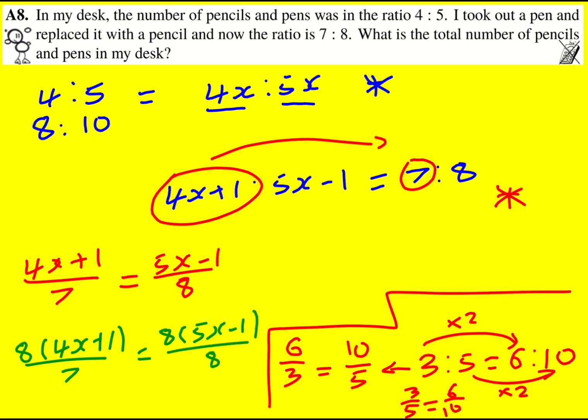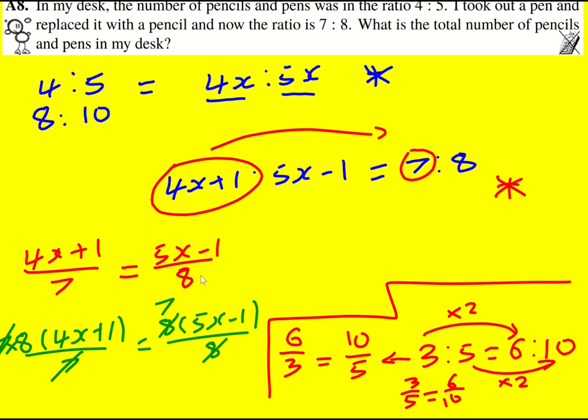Like when you times a fraction by a number, you just times the top. And actually these cancel. That is exactly why I did that. And I times both sides by 7. I'm going to put 7 over here and a 7 over here. And now these two 7s cancel. And that's what I mean by cross multiplying. You basically multiply this top bit by 8 and this top bit by 7. But that's why it works, because we are actually timesing both sides.